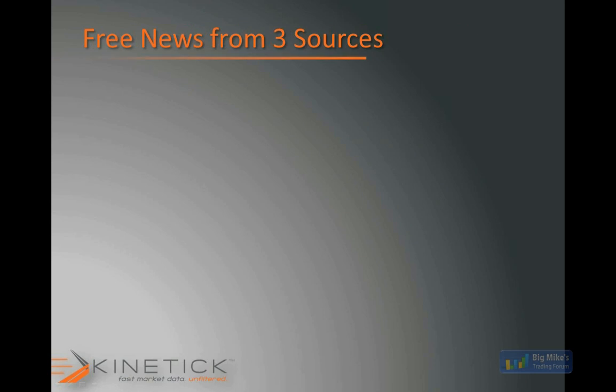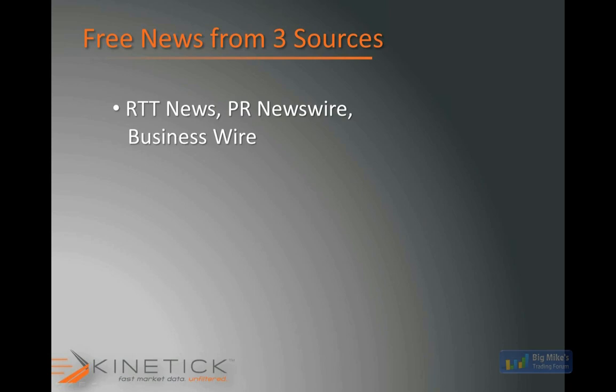Now, a big thing with the Kinetick feed is the news sources, and you have access to include with the basic service news data from RTT News, PR Newswire, as well as Business Wire. And what that enables you to do is there's a feature within NinjaTrader, which we'll actually spend a lot of time working on, that you can take these news articles as they're generated by these feeds, and you can filter them based on particulars of your trading.